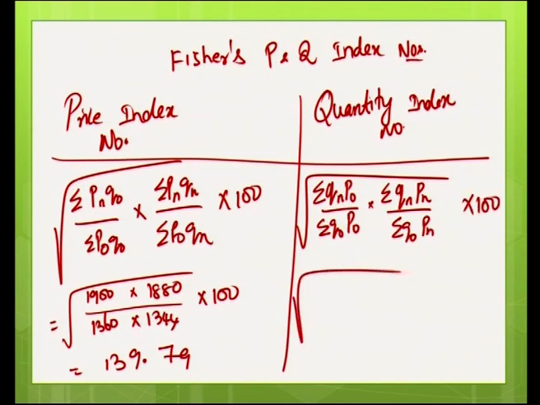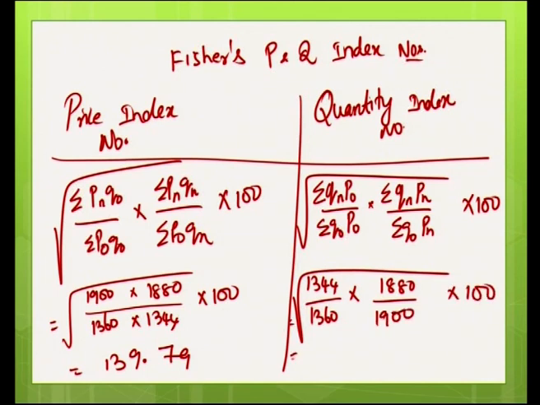So, the values are written, 1344 by 1360 into 1880 by 1900 into 100, and the answer is 98.89. Okay. So, by Fisher's method, price index number answer is 139.79 and quantity index number answer is 98.89.